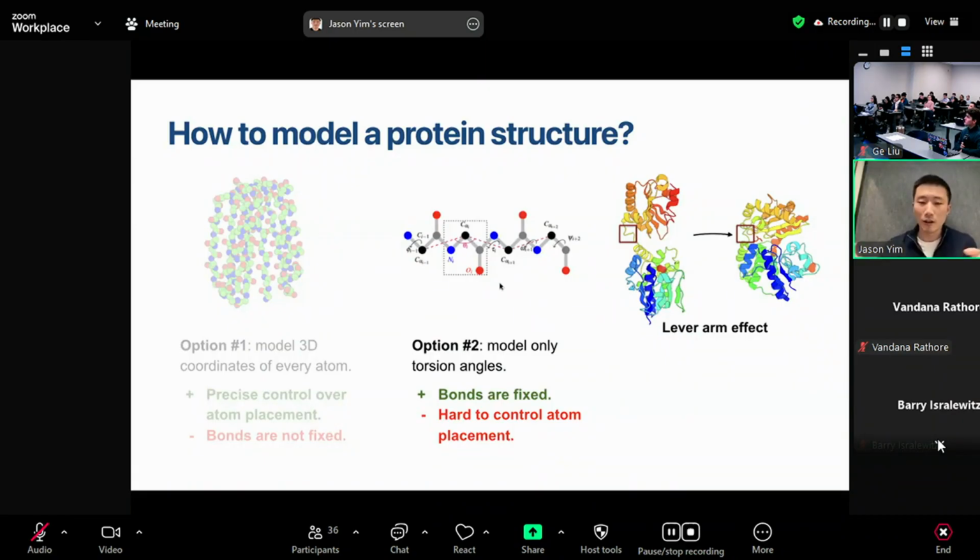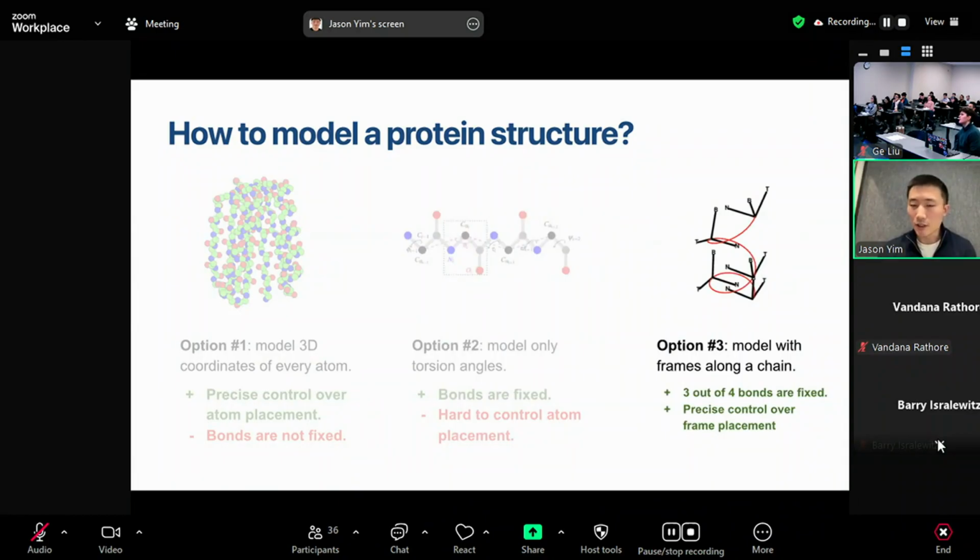But then it's really hard to control where you're placing the atoms. Here there's something called the lever arm effect, where given a protein, if you turn this angle a little bit, it's going to result in a major change in the protein structure. And when you have something stochastic like diffusion, this is quite difficult to control. Even in non-diffusion models, it was difficult to control and really hard to optimize.